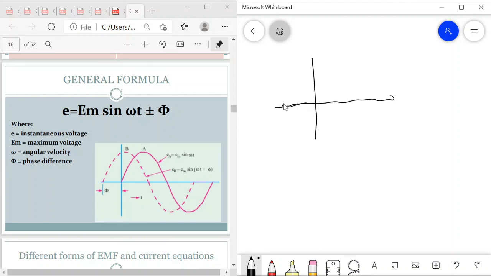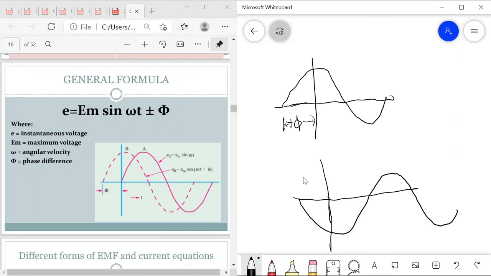So like this one, this is a positive phi, and this is a negative phi. So this is negative phi. It started at the negative half cycle.